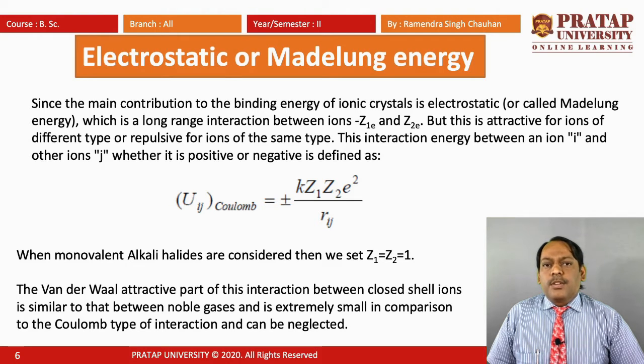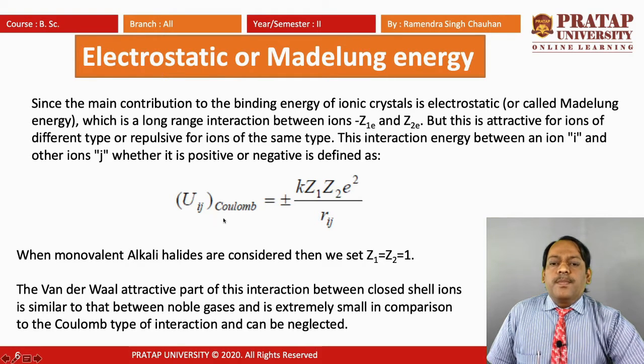This is electrostatic or Madelung energy, which is defined on the basis of Coulomb law. As per Coulomb law, we are considering Z1 and Z2. Z1 is the atomic number of one ion, Z2 is the atomic number of the second ion, and e is the charge.